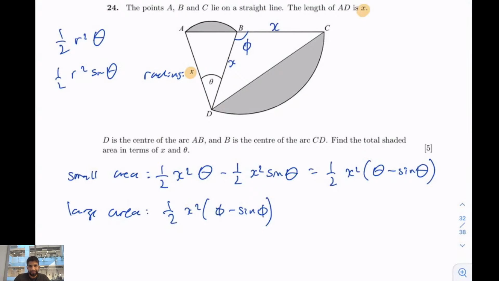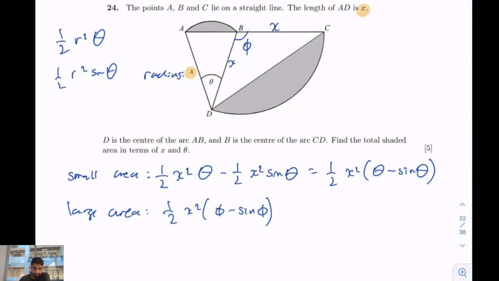But our task now is relating those two together, because we are not given phi. We can't give our answer in terms of phi. We need to relate phi to theta, really. Right. How can we do that?